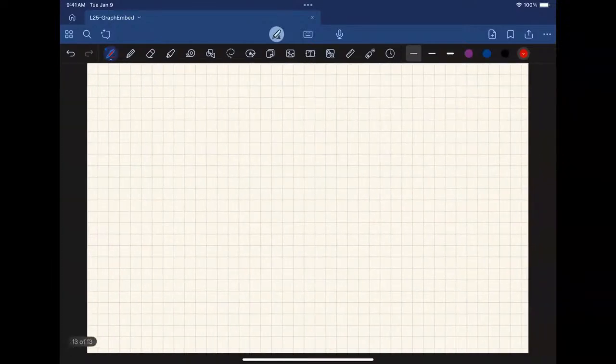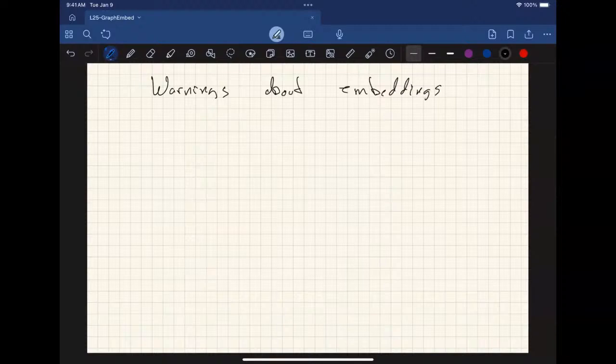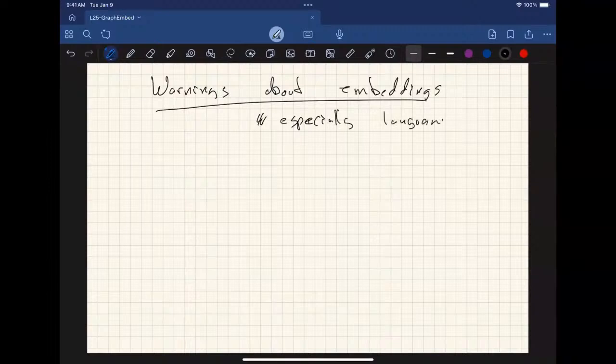Okay, I want to end on one topic. I'm calling this warnings about embeddings. I can write especially for language kind of words.